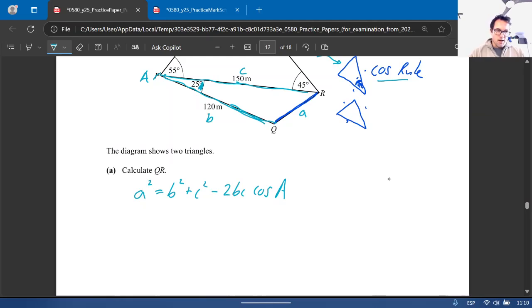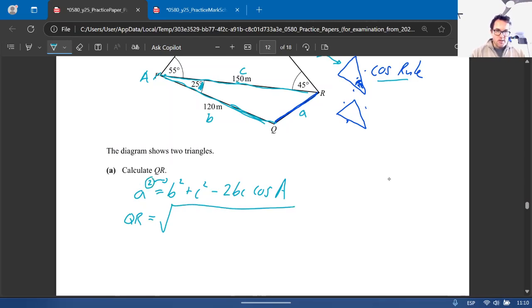Okay. And then of course we can move that square to the other side, so it becomes square root. So first of all, the lowercase a is QR. That's what we want to know. We're then going to square root everything to get rid of this square.